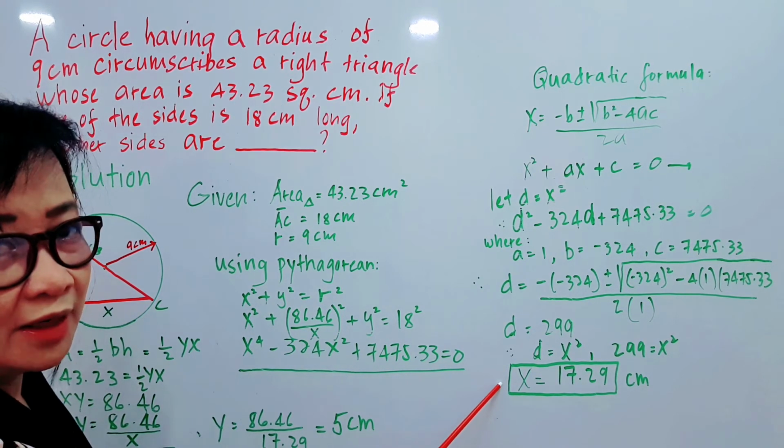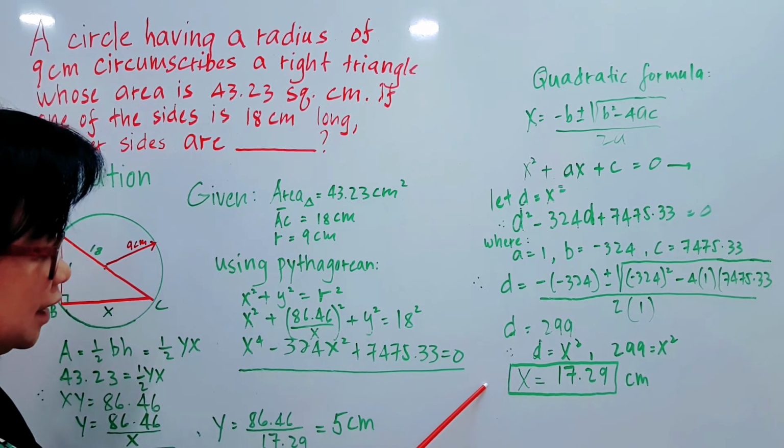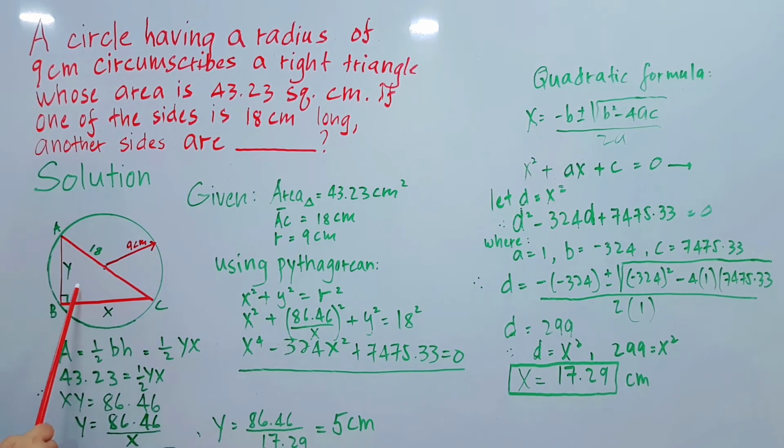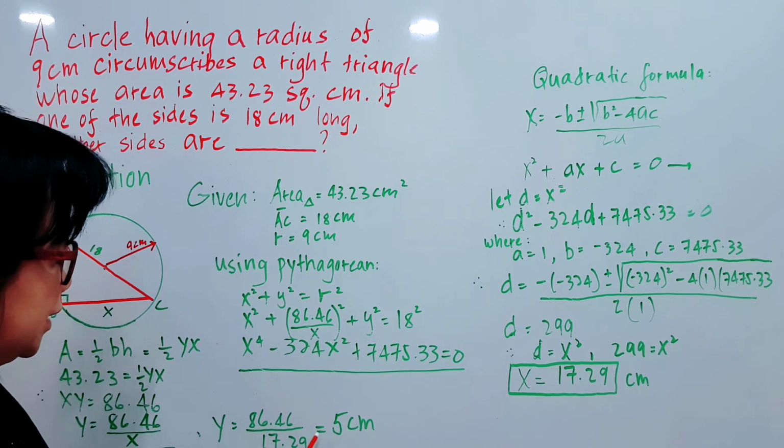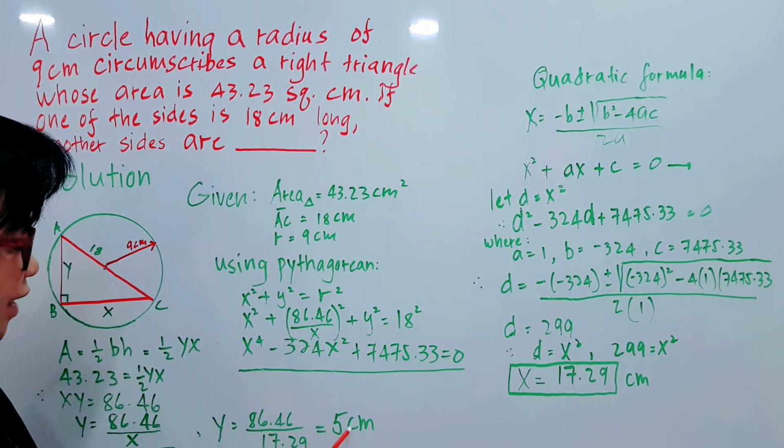Dahil meron na tayong value ng x na solve na natin, balik tayo sa pag-solve ng y. From this equation, yung una nating nakuha na value ng y, which is equal to 86.46 over x, substituting the value of x, which is 17.29, y therefore is equal to 86.46 over 17.29 is equal to 5 centimeters.